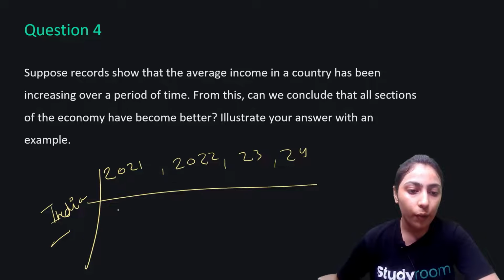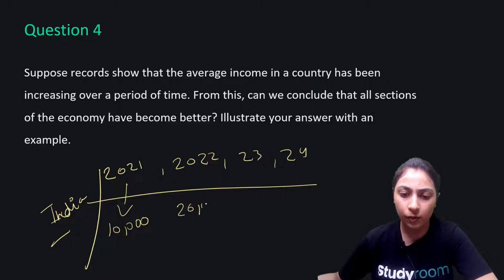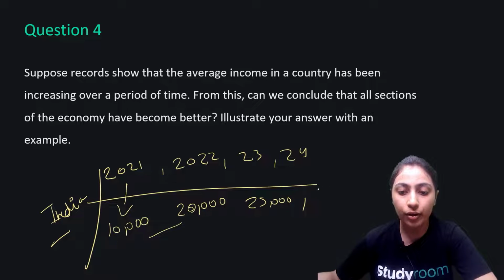The average income of India in the year 2021 is 10,000. Again, I'm taking very minimal numbers. In 2022 it became 20,000. In 2023 it became 25,000. Then in 2024 it rose to 35,000.